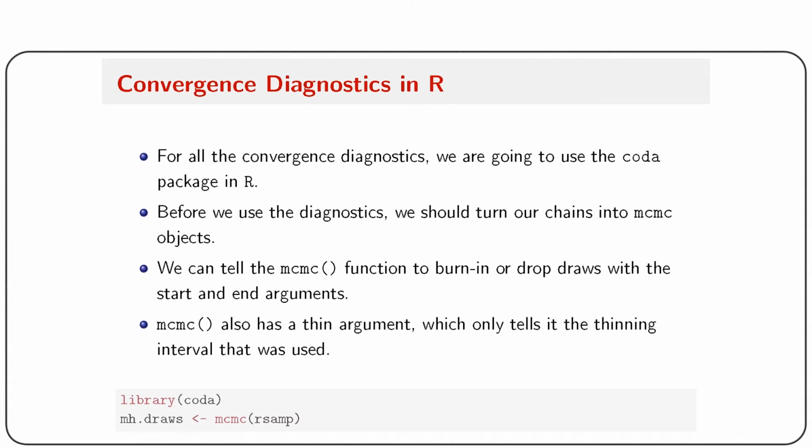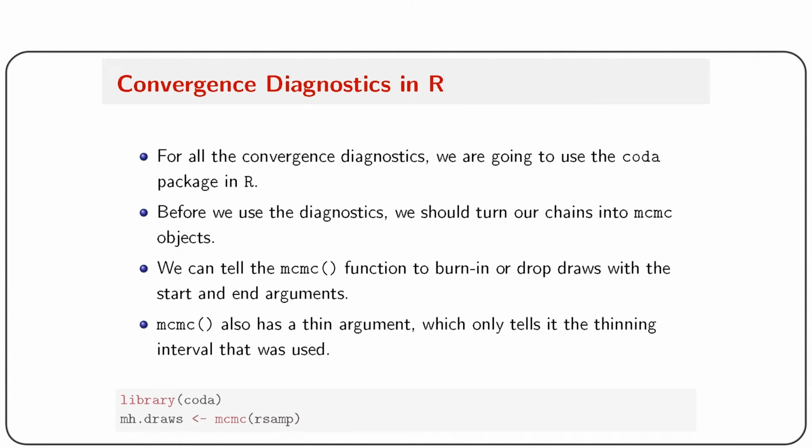We can tell the mcmc function to burn in and draw with the start and end arguments. The mcmc function also has a thin argument, which tells it the thinning interval that was used.